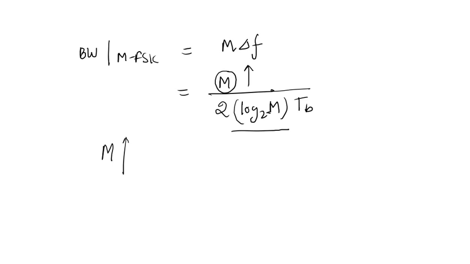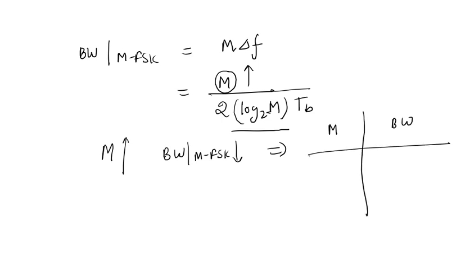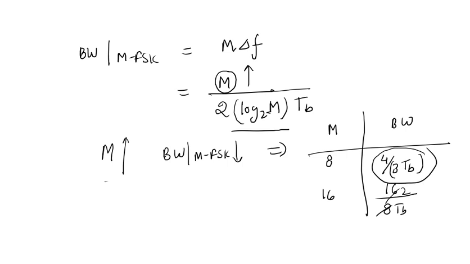So if we increase M, the bandwidth required for M-FSK increases. You can check it: take M as 8, the bandwidth is 4 by 3 TB. When M is 16, it is 16 by 8 TB, which is 2 by TB, which is greater than this. So if M increases, the bandwidth of M-FSK increases. On the contrary, if M increases, the bandwidth of PSK and QAM decreases.